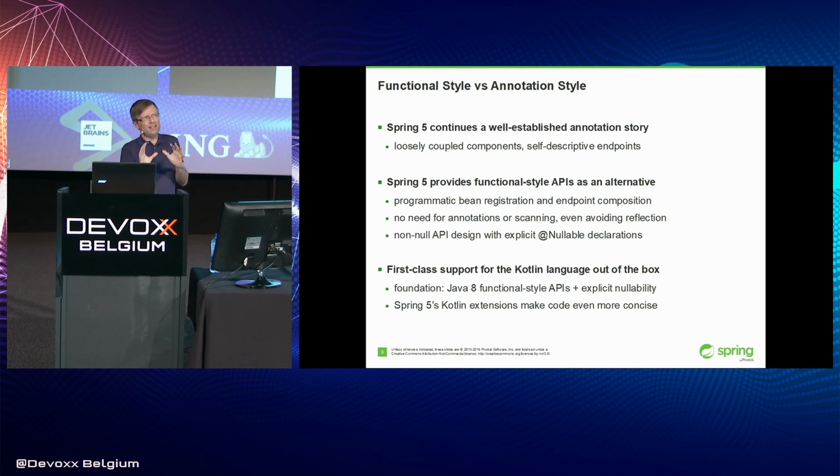So it's a sort of black and white position. In practice, none of this is as black and white. Like everything we do in Spring, there's lots of shades of gray in between. You can combine annotation-based features with programmatic registration everywhere.